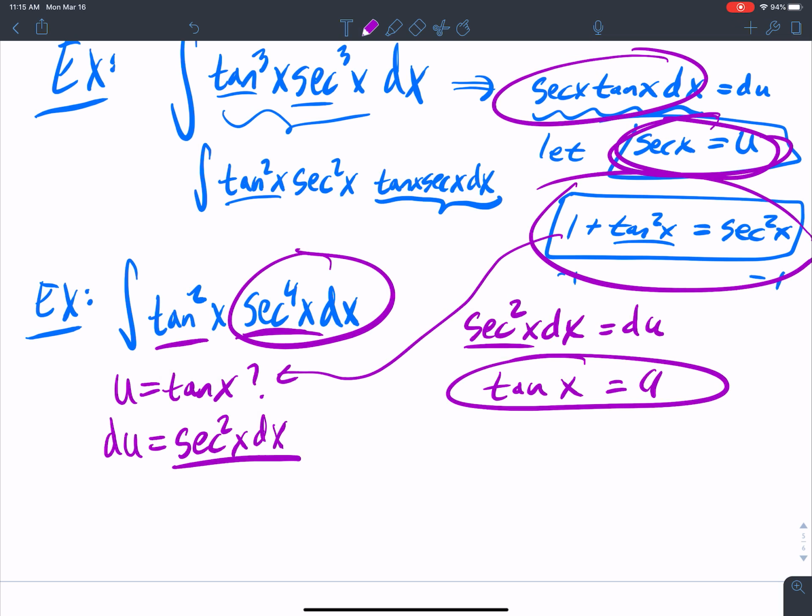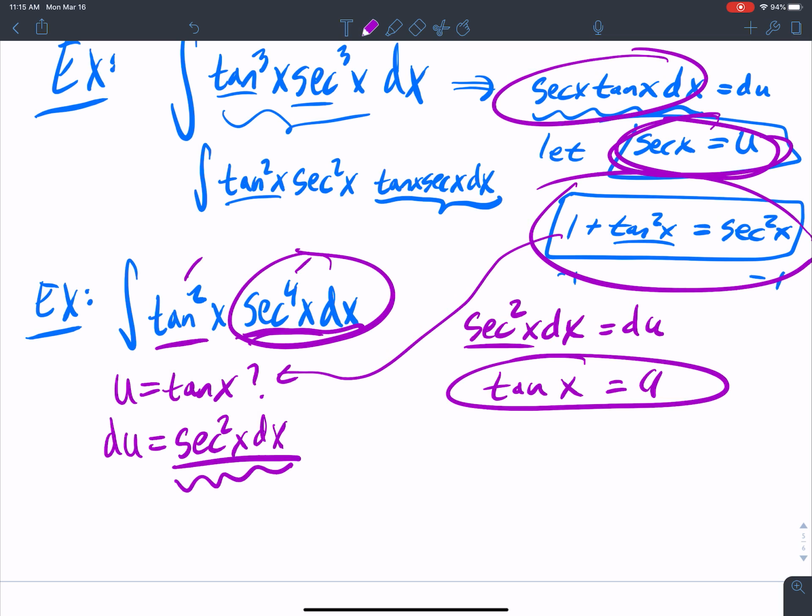So maybe it's best for you to just try a U-sub with one of the pieces and then see, is there a way to strip off something to get rid of that differential? Okay, so that's just trying to give you tricks there.